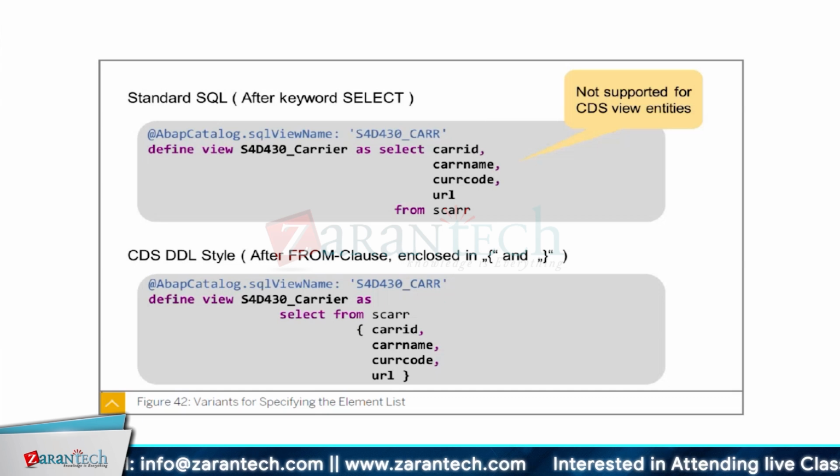That is, first mention the table name and after that mention all the fields in curly braces. Define view name as select from table name, curly brackets begin. All the fields we are selecting from that table, we put in the curly brackets. Finally, we close with the curly brackets. This is the style we are following.